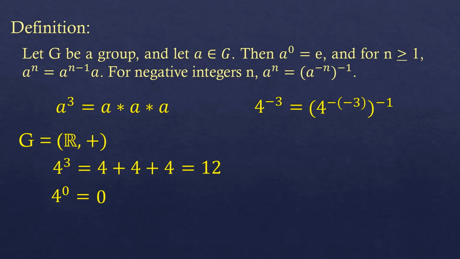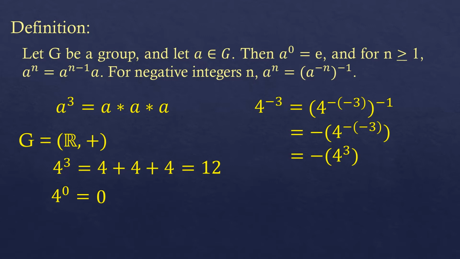So let us do this. We will get the inverse of 4 to the power of negative of negative 3, because it's to the power of negative 1. So the inverse of that is a negative of the whole thing, because it's under the addition operation. Then we can make this negative negative 3 into positive. It's the same.